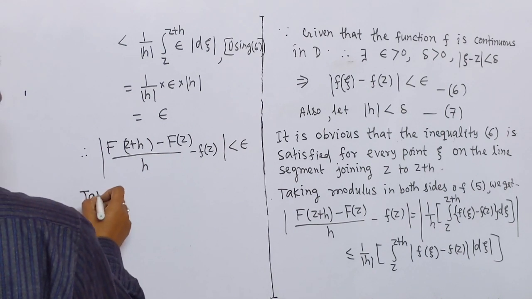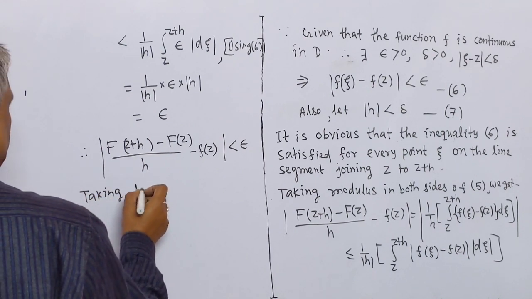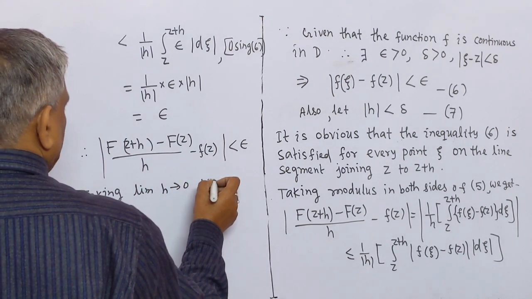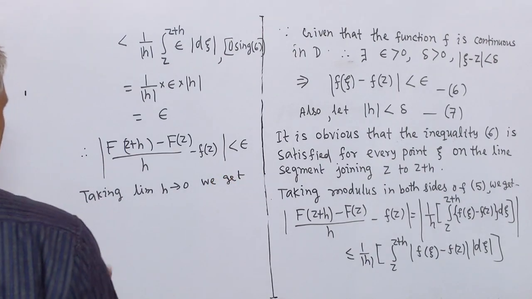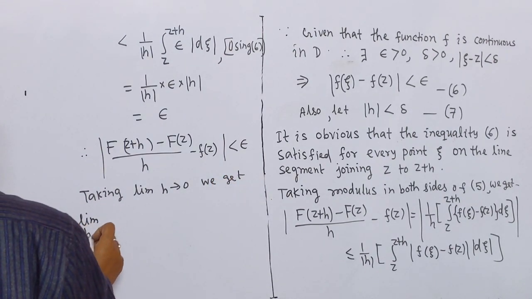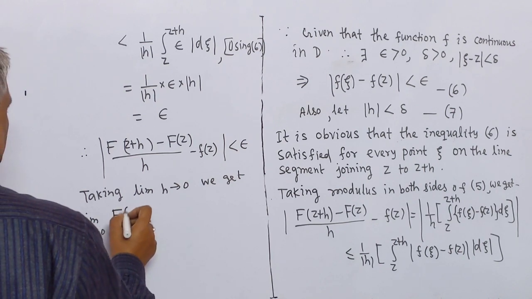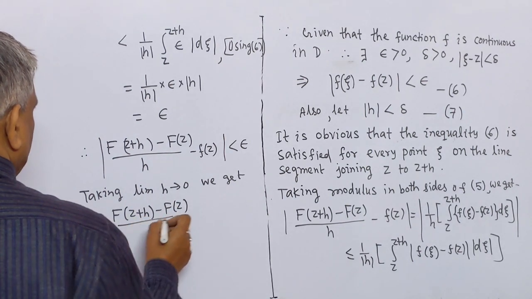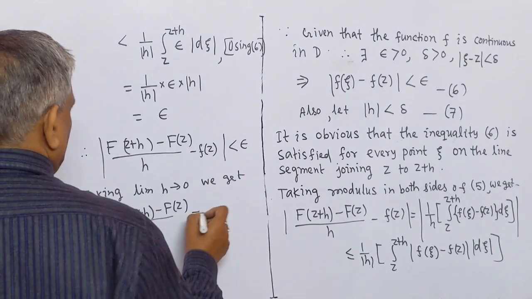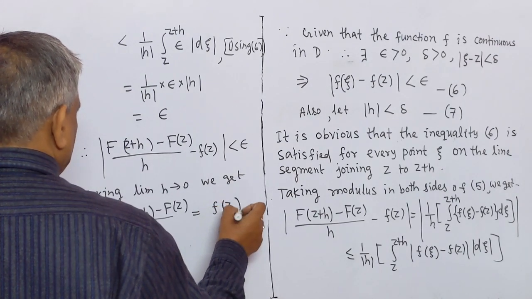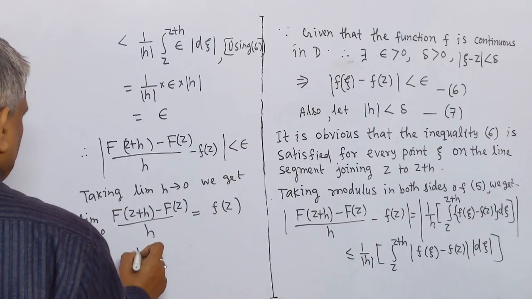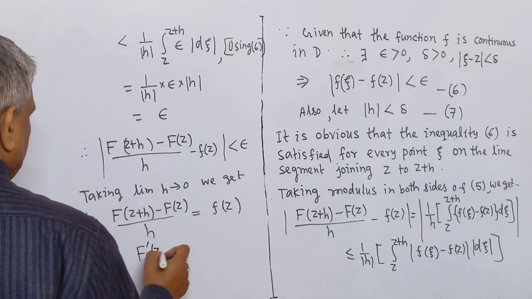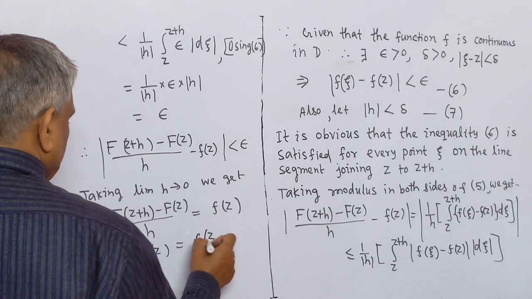Taking the limit as h tends to 0, we get the limit as h tends to 0 of (F(z plus h) minus F(z)) by h equals small f(z). It implies that the derivative of capital F at the point z equals f(z).